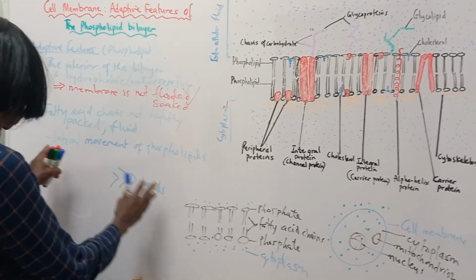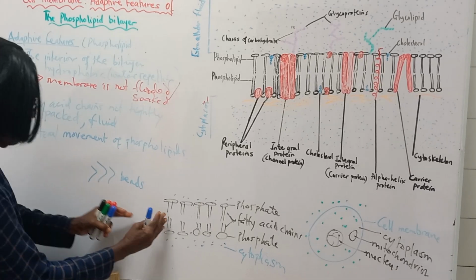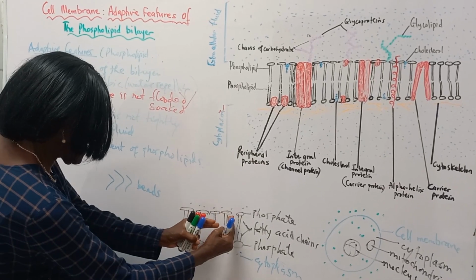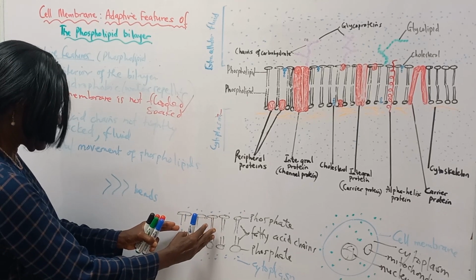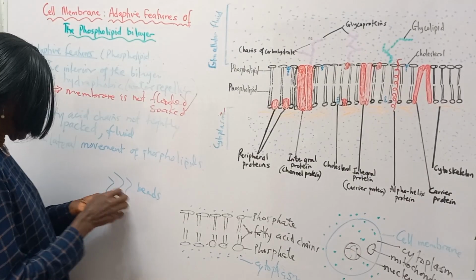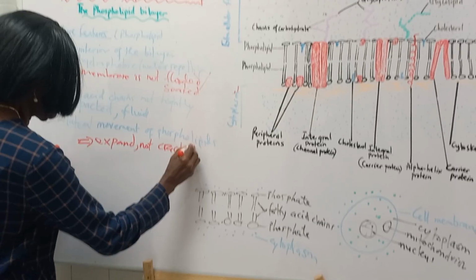Because the fatty acid chains are not tightly packed and there are sideways movements of the phospholipids, the whole membrane is fluid and flexible, so the membrane can expand, not crack or break.